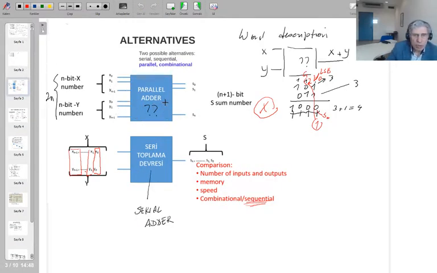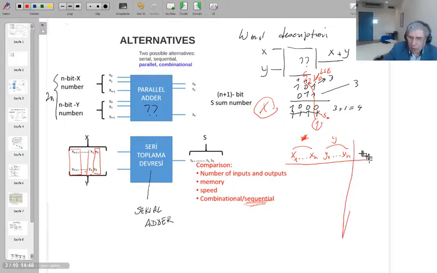If you look at this, we've got two n variables. So that is x1 to xn for the number x, and for number y, we are going to have y1 to yn bits. These are our independent variables.